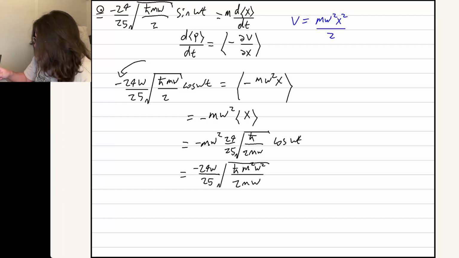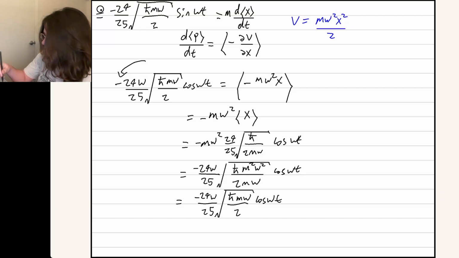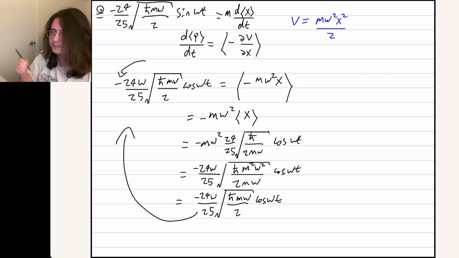Yeah. Cosine omega t, and now this is looking like, canceling stuff out in there, just h bar m omega over 2 times cosine omega t. And yeah, they match up pretty nicely, so we're all good there.